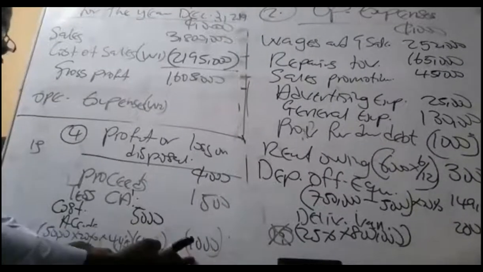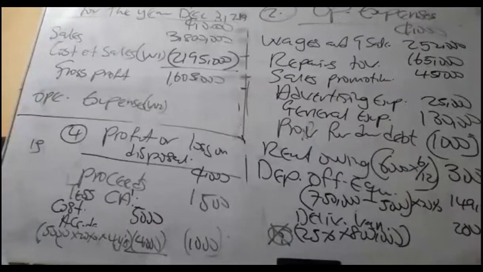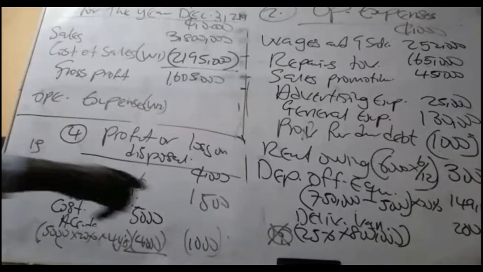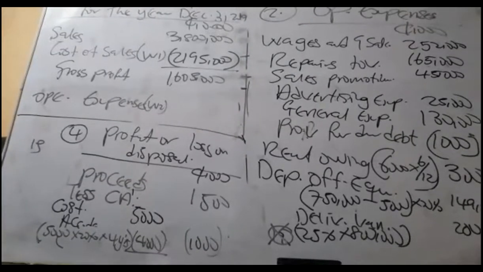The carrying value is 1,000, but you sold it for 1,500. So here there's a profit of what? 500. So here there's a profit of 500. Agreed. Why profit? They sold it for much higher than the carrying value.